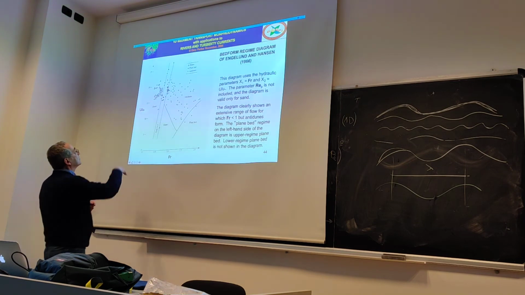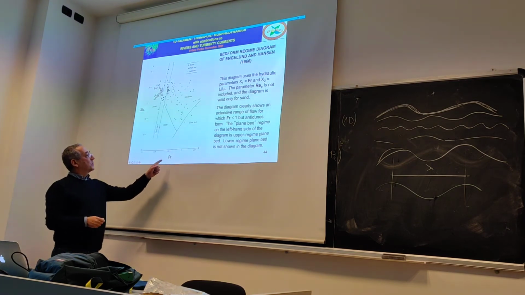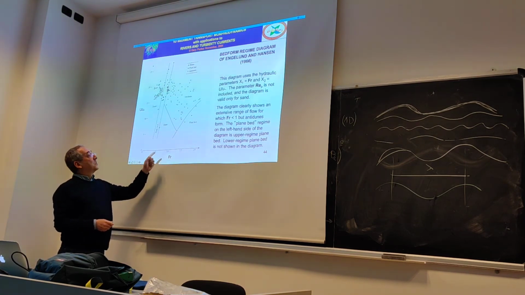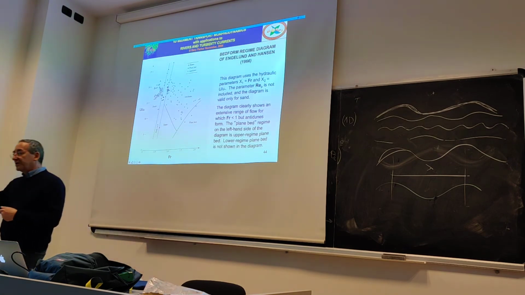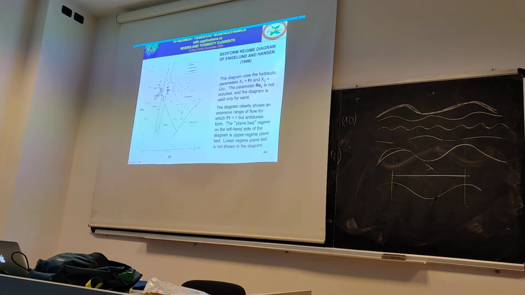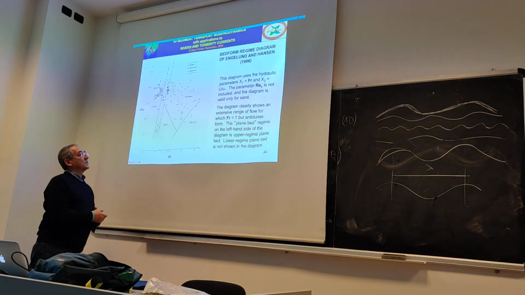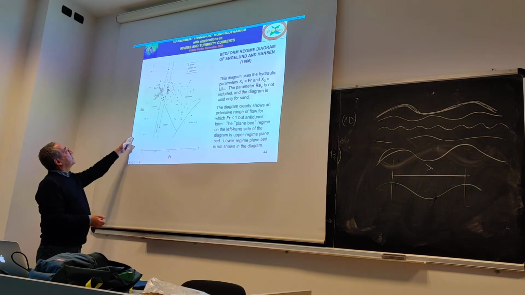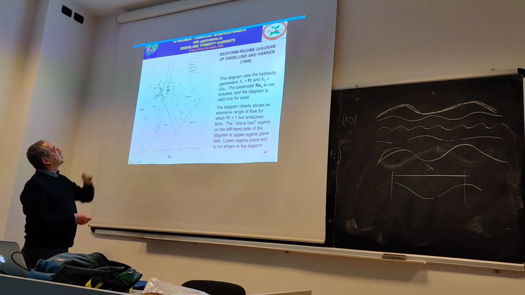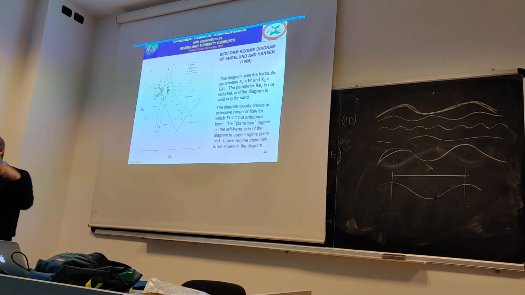You choose two parameters. For example, here you have the Froude number, which is proportional to the shear stress, so to the average bed shear stress exerted by the flow over the bed. Here you have this ratio U over U star. You will learn to call it a non-dimensional Chézy coefficient.